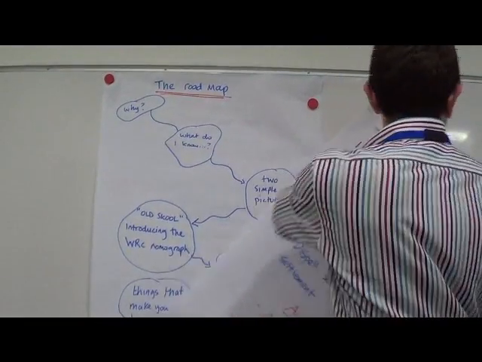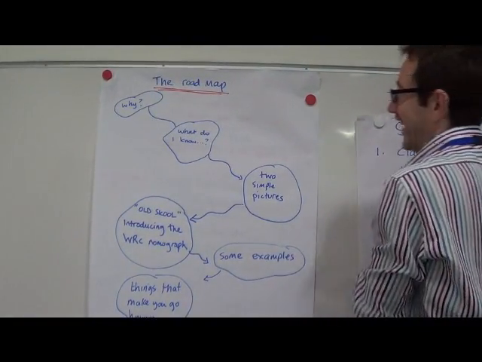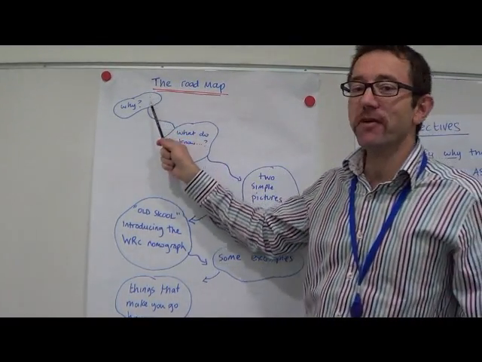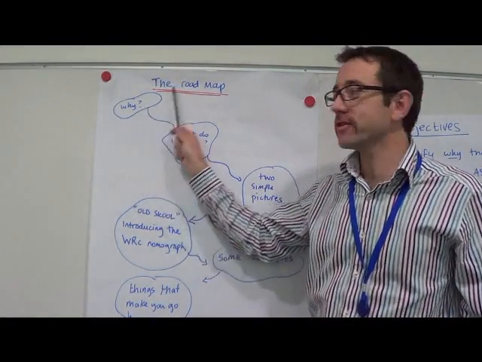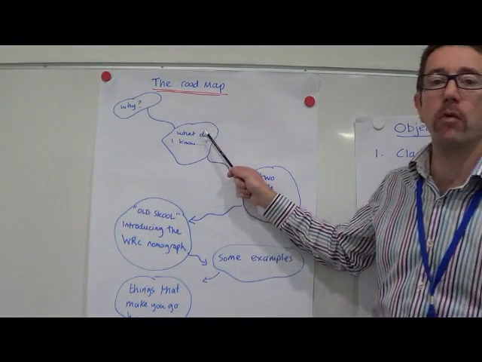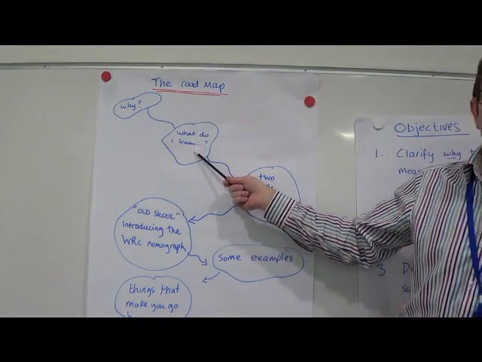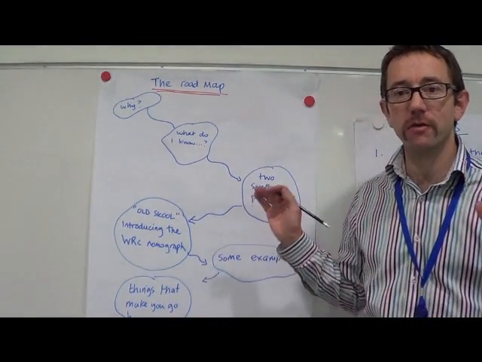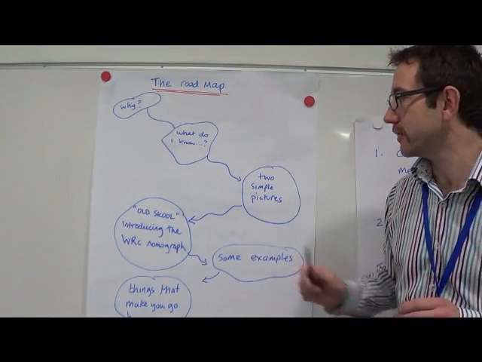So the roadmap of what we're going to do today then. We're just going to start off by thinking a bit about why this is important. Then we're going to go on to why am I here? Why am I talking about it? What do I know? I'm going to share with you two simple pictures that are going to be the key for the rest of the session.